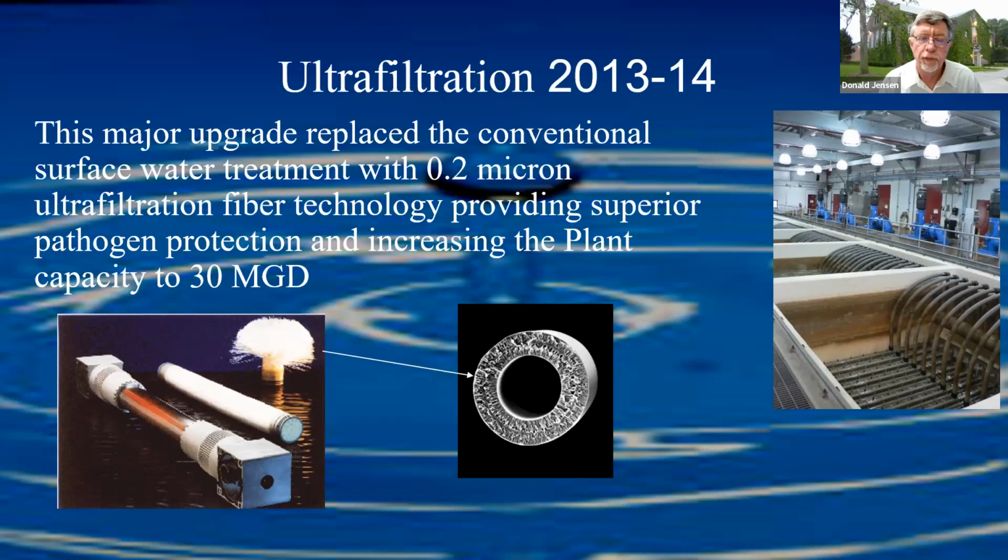This is the MEMCOR, which was US Filter, and then Veolia, Vivendi, Siemens, Evoqua, and now it's DuPont FilmTec. That increased our rated capacity to 30 million gallons per day, and resulted in some surplus space, which someday we may have to use for PFAS. We don't know yet. Granular activated carbon, perhaps in the old filter beds.